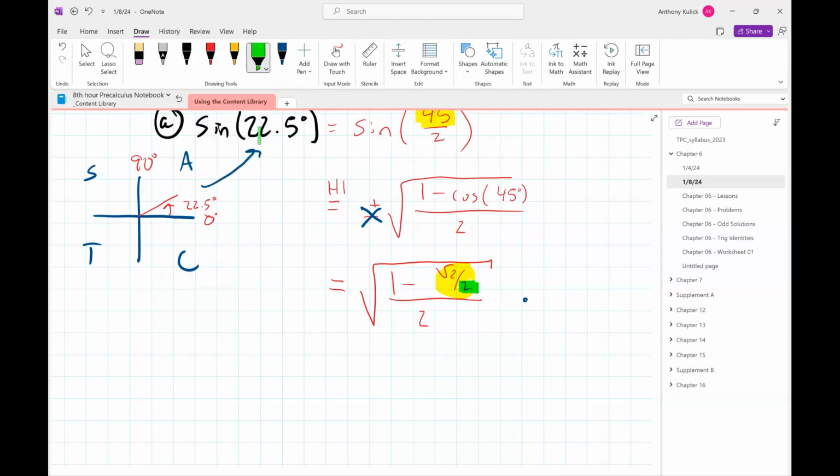Just the denominator of the little fraction, right? So I do that. Almost. Why isn't that quite right? Because of the square root over top of the whole thing.